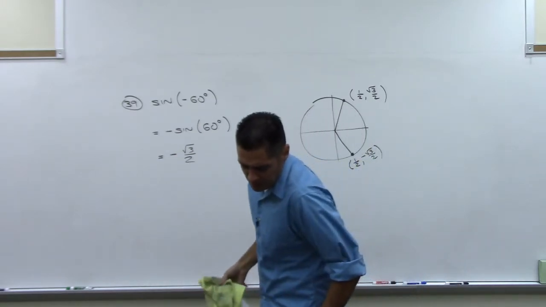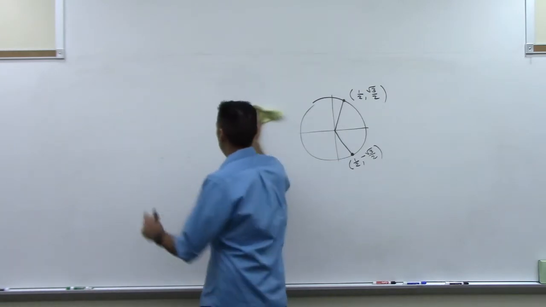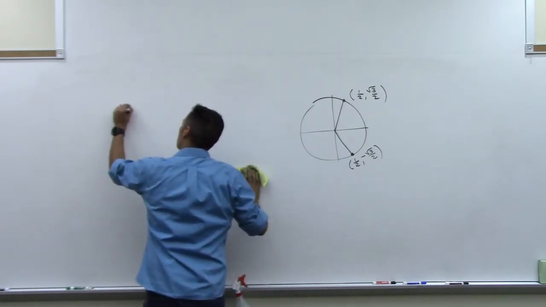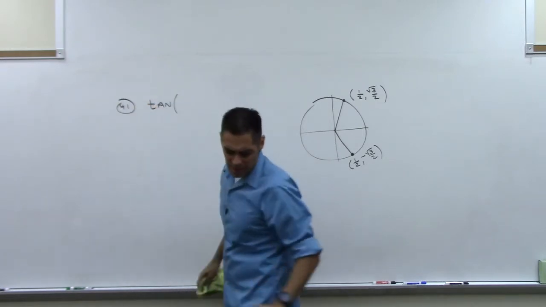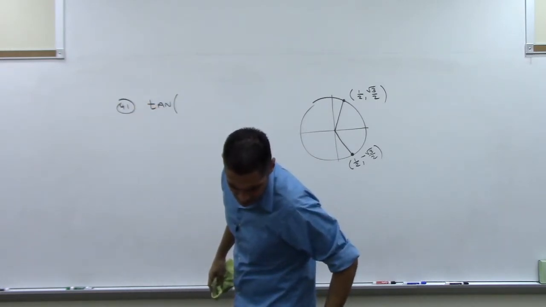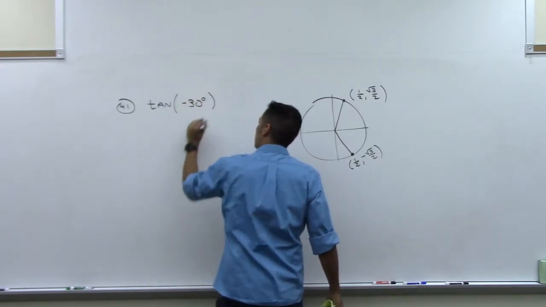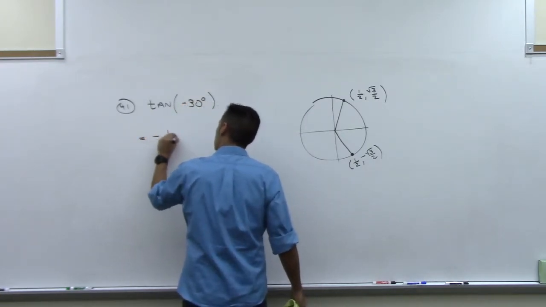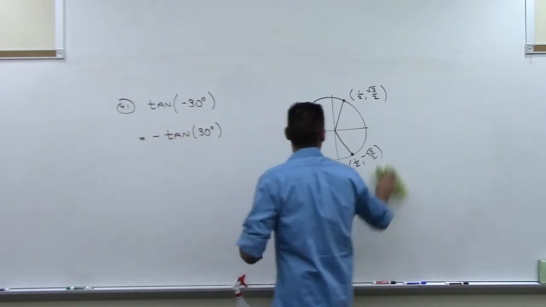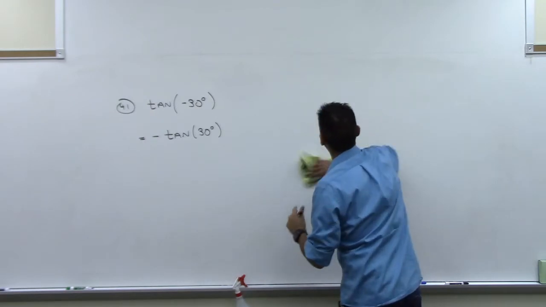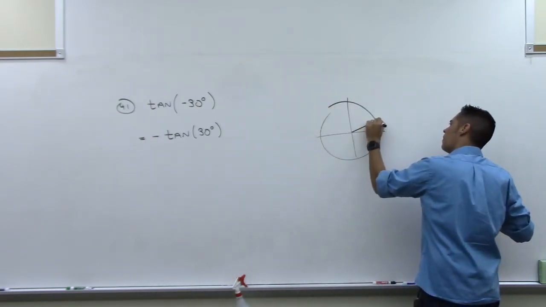Okay, so how about tangent? That's the next one, number 41. Tangent of negative 30. Tangent is also an odd function, so this becomes negative tangent of 30 degrees. And so if we go to 30 degrees, that's here.